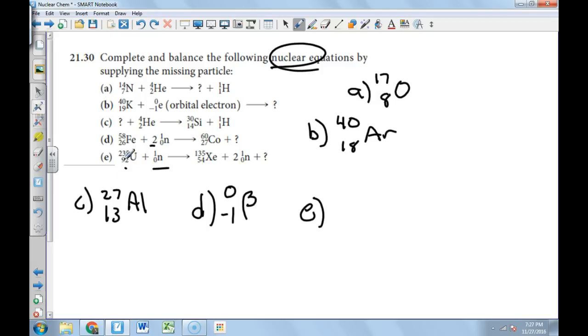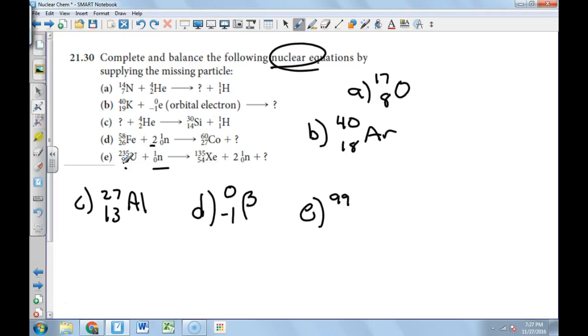So this is 235 plus 1 is 236. Here 135 plus 2 is 237, so that means this has to have a mass of 99.